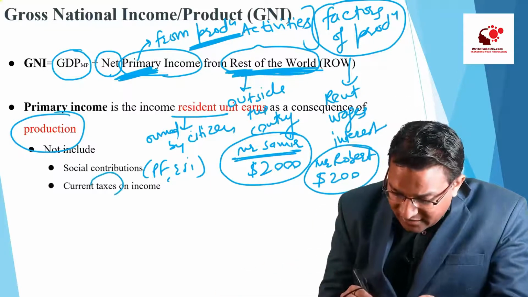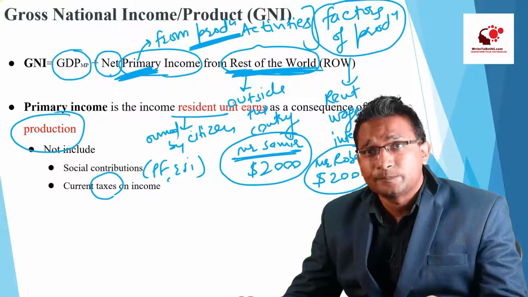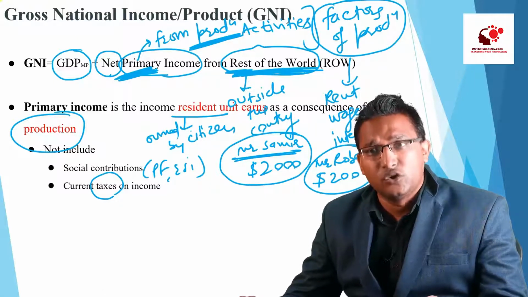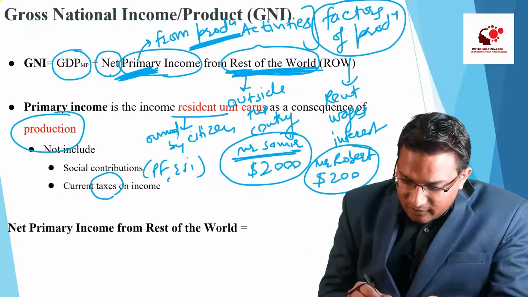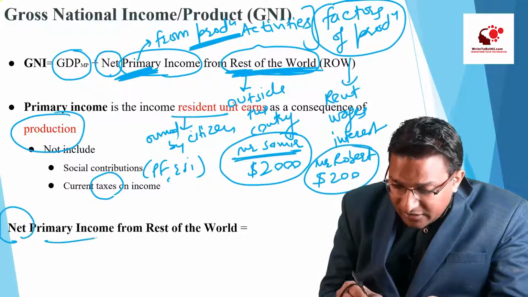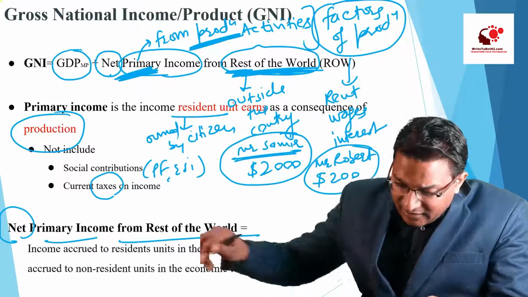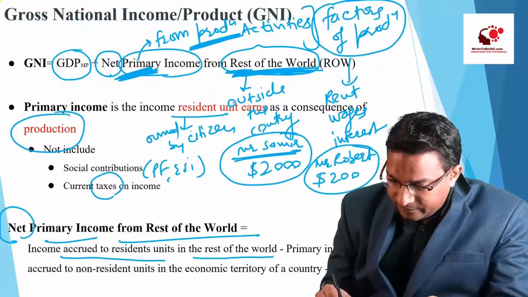Current taxes. This current taxes is also not part of the income. The taxes that are being paid, that is not because of the production. So these taxes will be reduced. So finally, what is the meaning of net primary income from rest of the world? It means the income accrued to the resident units in the rest of the world, right?